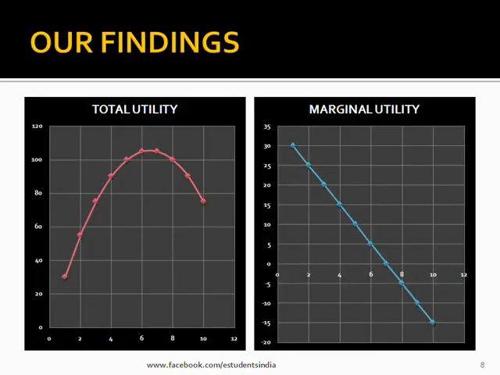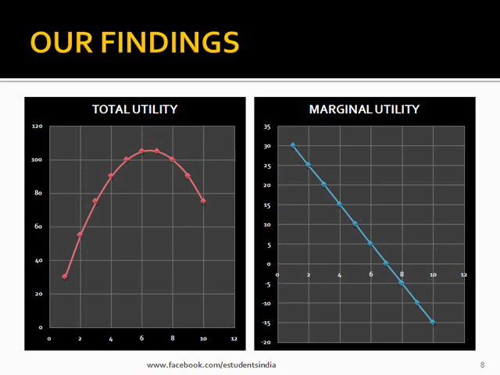Let us analyze our findings using graphs. In the first graph, total utility is given, and in the second graph, marginal utility is given. Number of apples is given on the x-axis and utility is given on the y-axis. Total utility, you can see, is increasing first, then reaches the maximum point and then starts decreasing.